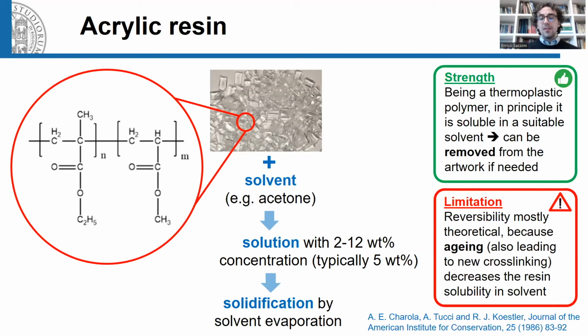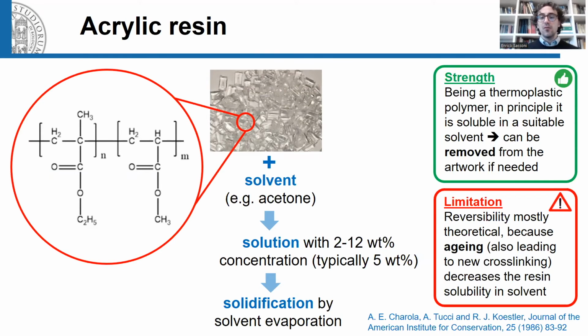As we have seen previously, organic polymers have been used since the 50s. At the beginning, they showed a lot of potential because they have good adhesive properties, but still they have also shown some limitations. So the idea here is that you dissolve the polymer, the acrylic resin, in a suitable solvent, which is often acetone.